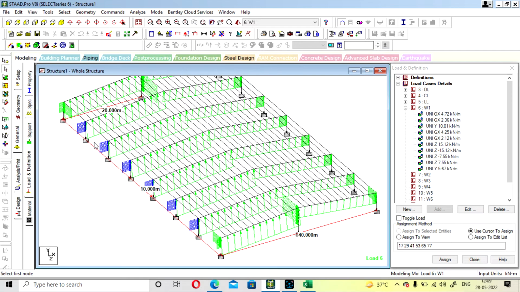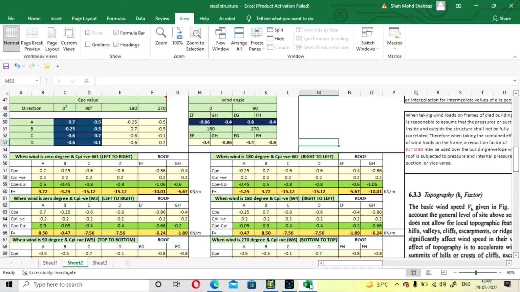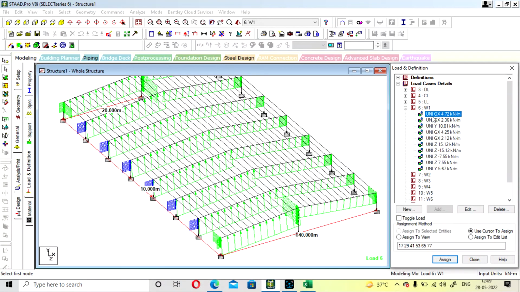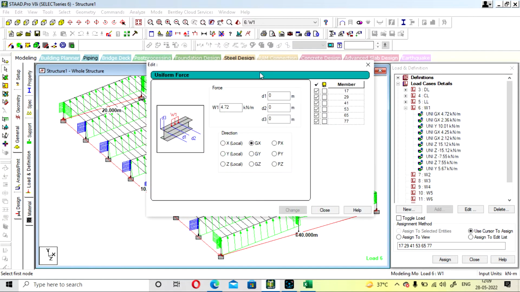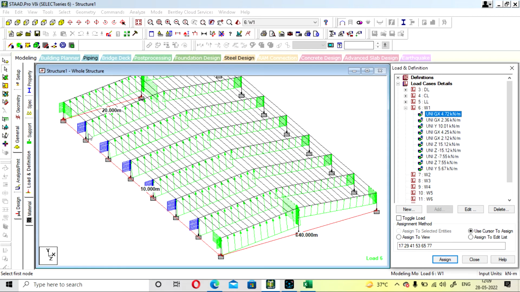It will be acting on the column in the positive direction, towards the structure, because our force is positive. I will show you here: you have to apply the load 4.72 in the x direction, because it is acting toward the structure in the global x direction, in this direction. And after that you have to select these columns.